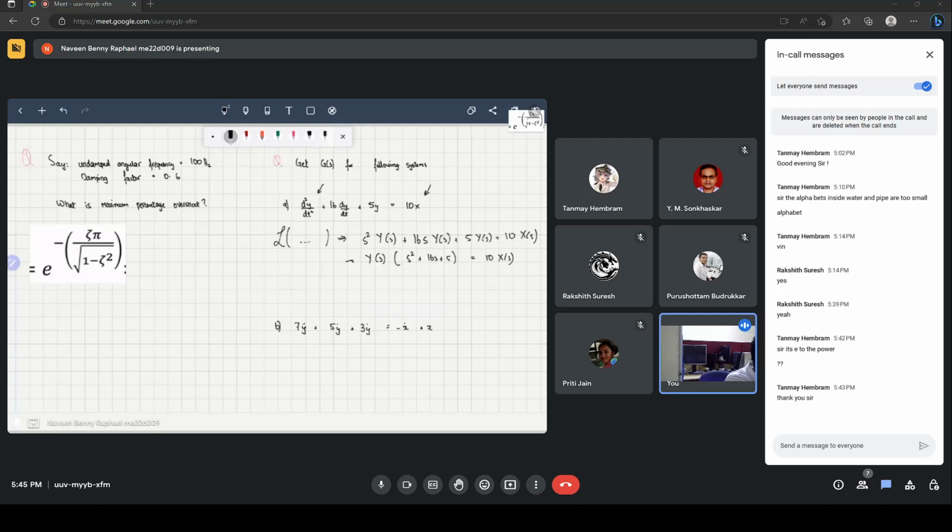Therefore, we get Y of s by X of s, which is the gain, is equal to 10 by s square plus 16s plus 5. I hope that made sense.